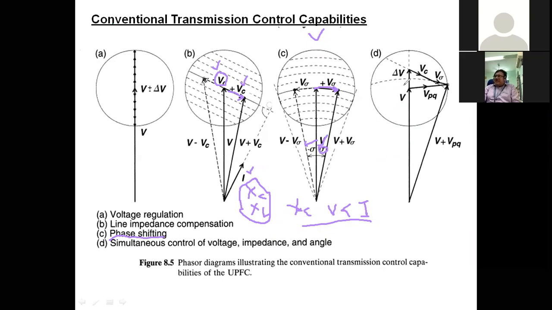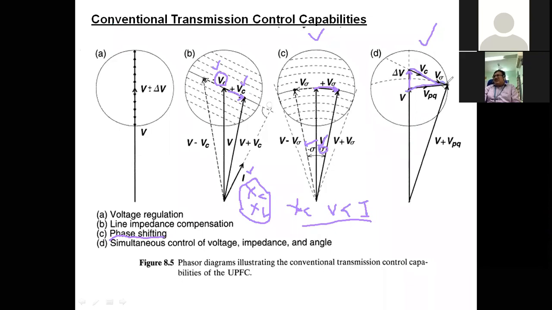Coming to this one, in this case all three are done. One, voltage regulation, that means voltage is increased. Second, series capacitive compensation is done, that means we are injecting in this way. Third, phase shifting.